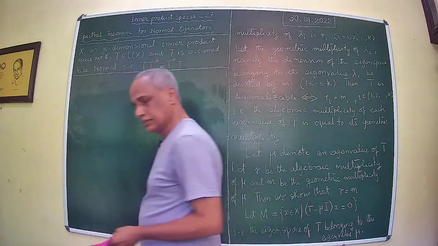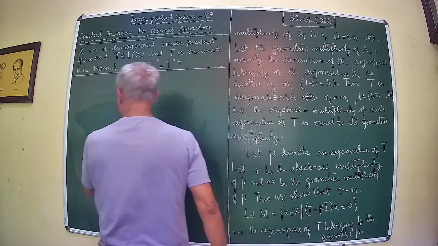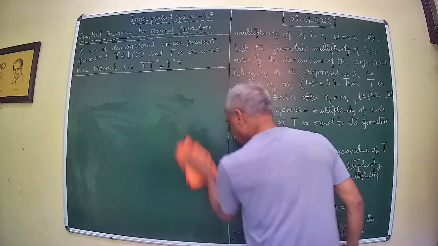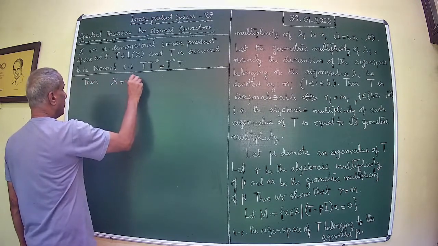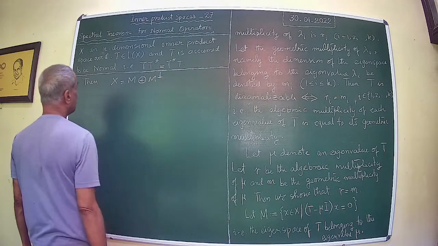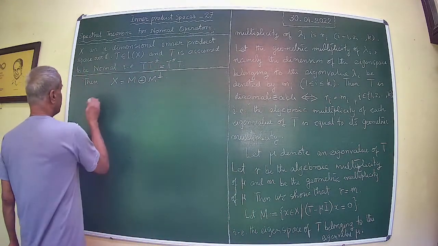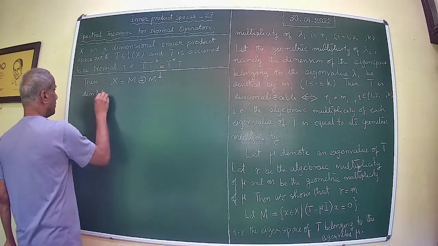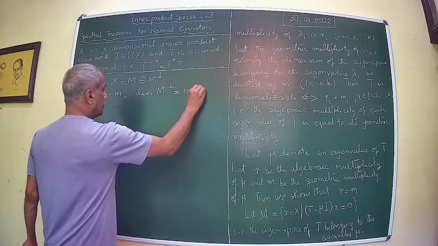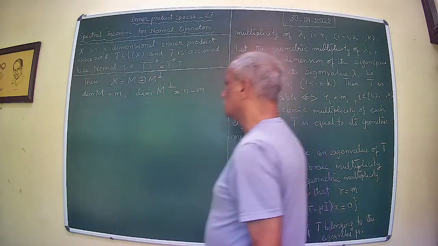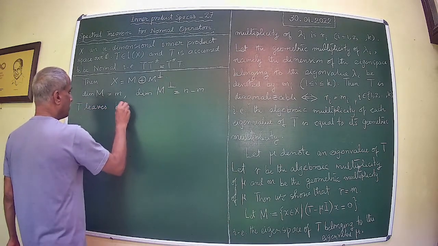Then clearly X is equal to M plus M perp, and T restricted leaves both M and M perp invariant.